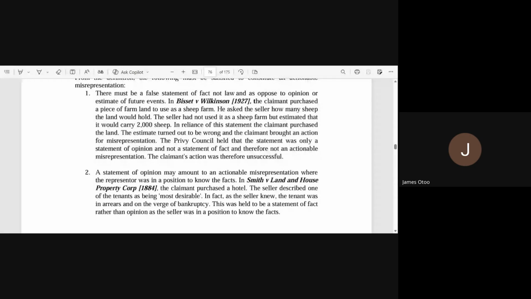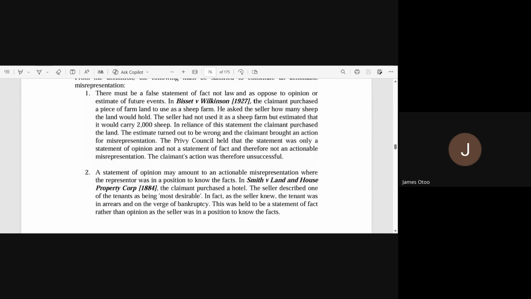Also, a statement of opinion may amount to an actionable misrepresentation where the representor was in a position to know the facts. If you express an opinion and, per your position, you should have known whether or not the opinion you are going to give is false, then if it turns out to be false, you cannot say that it is only an opinion, and you will be held responsible.